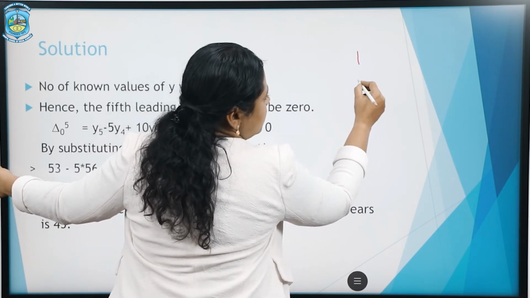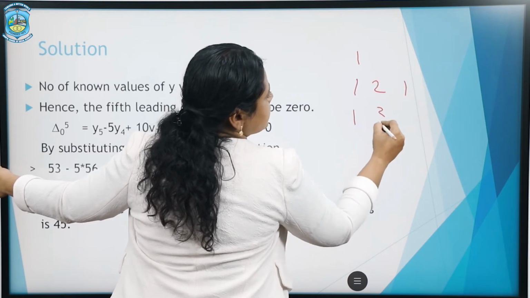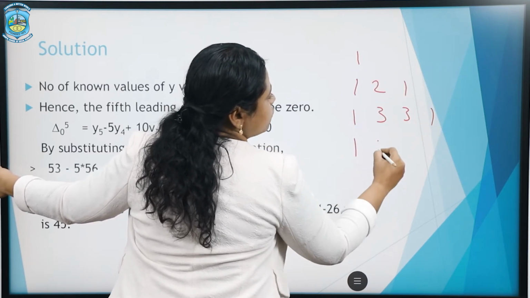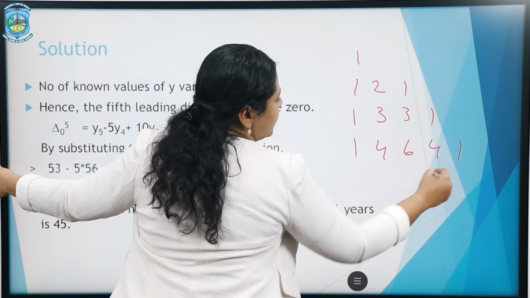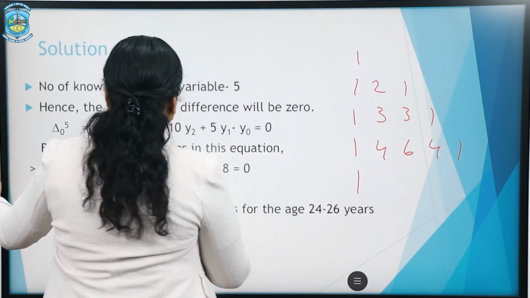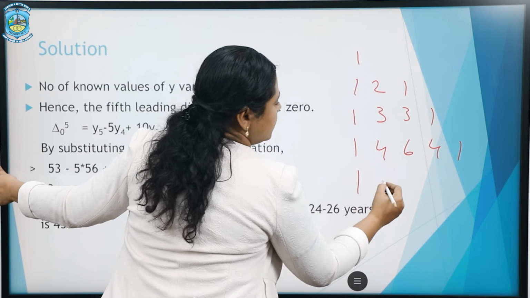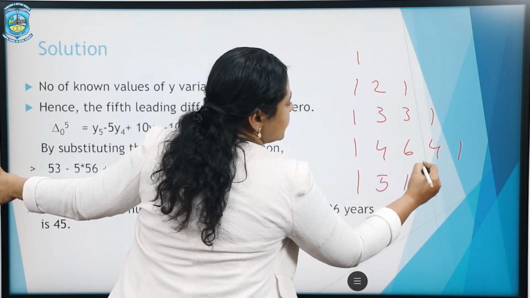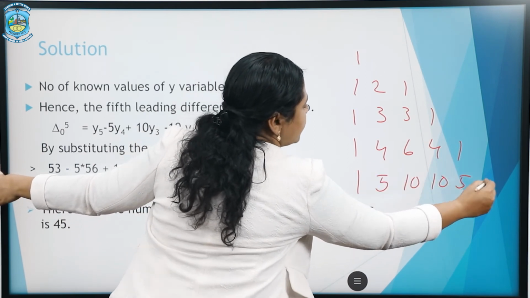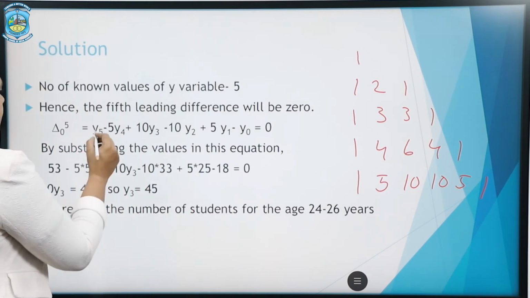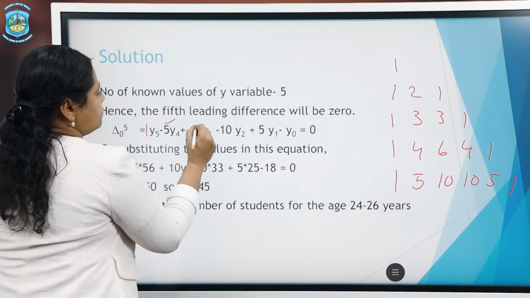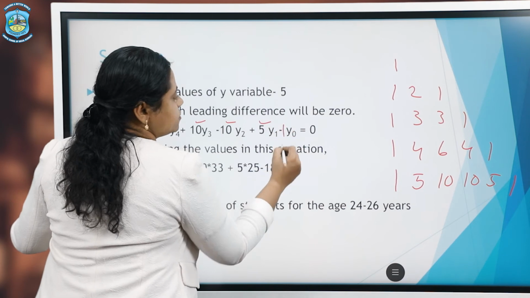So it is 1, 1, 2, 1, then 1, 3, 3, 1, next is 1, 4, 6, 4, 1. We have to take the fifth one, so it is 1, 5, 10, 10, 5 and 1. Look at the numerical coefficients: 1, 5, 10, 10, 5 and 1.